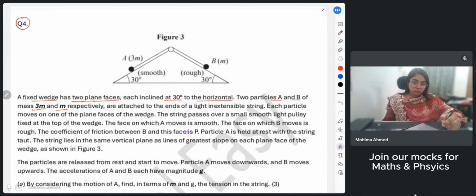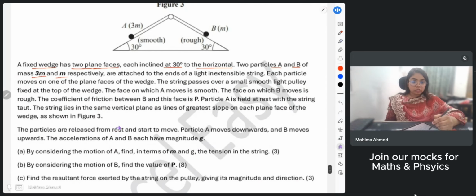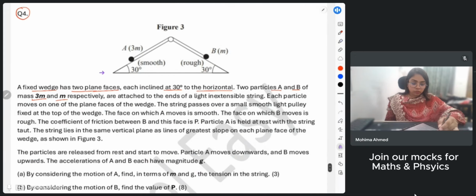Particle A is held at rest with the string taut. The string lies in the same vertical plane as lines of greatest slope of each plane face of the wedge, as shown in figure 3. The particles are released at rest. That means initially they will have zero velocity and they start to move. Particle A moves downwards and B moves upwards, and this doesn't have any friction and this does have friction.